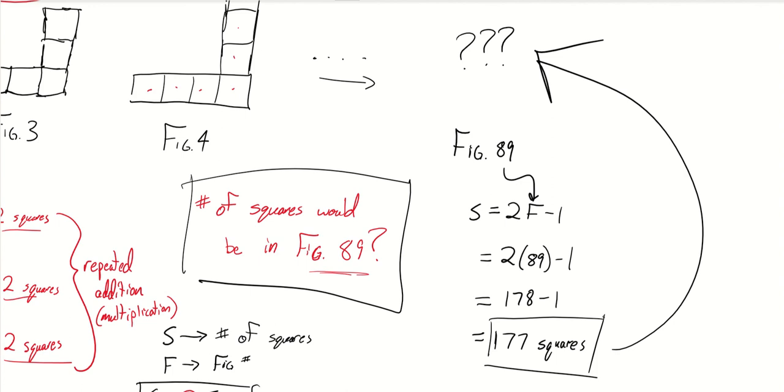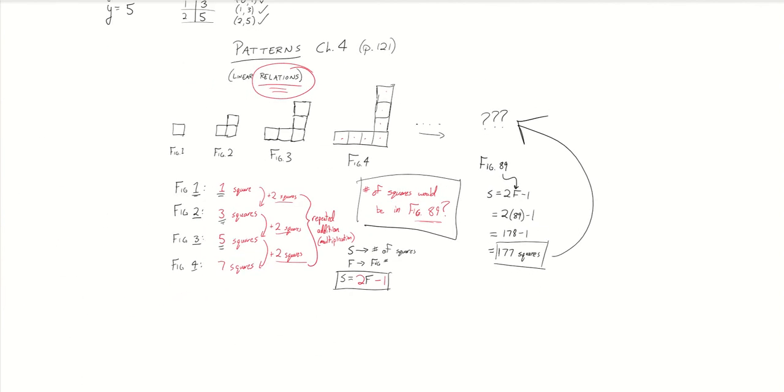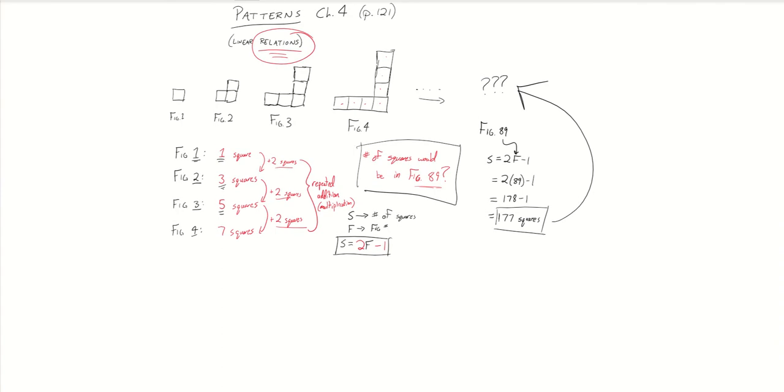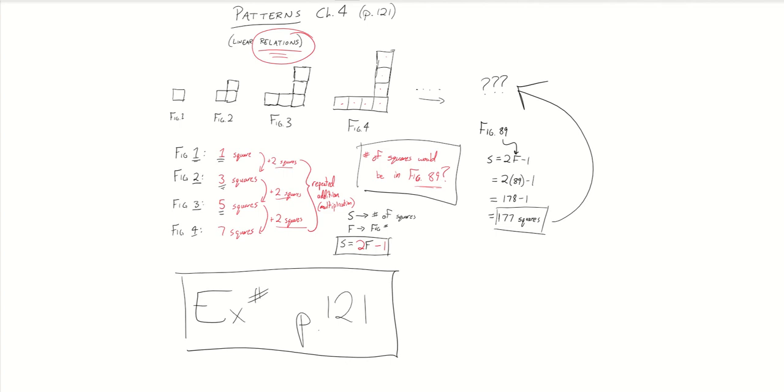There is another similar example in your workbooks. So if you go in your workbooks on page 121 and you look at example number 1 on page 121, they do a similar example. It's a bit more complicated. It's with perimeter. It still works with squares, but they're not interested in the number of squares.